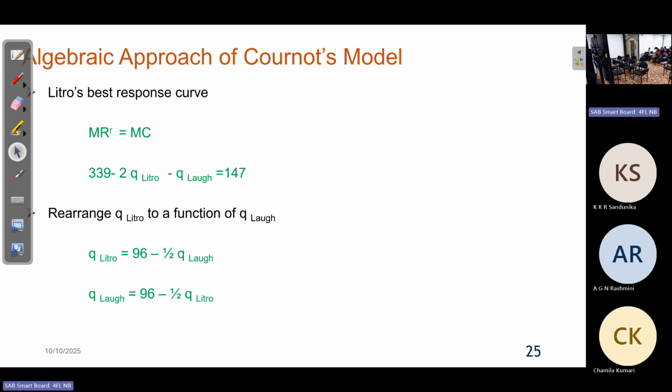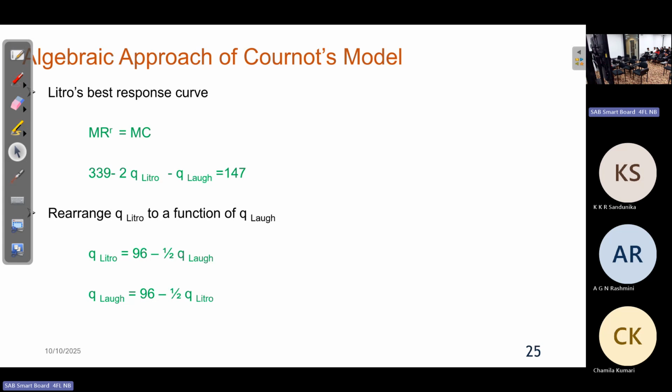Now how do we get the total revenue? Price into quantity. Which firm? Firm 1 total revenue, so P into Q1. Firm 1's quantity is what we vary, and the price equation has to be multiplied by Q1.